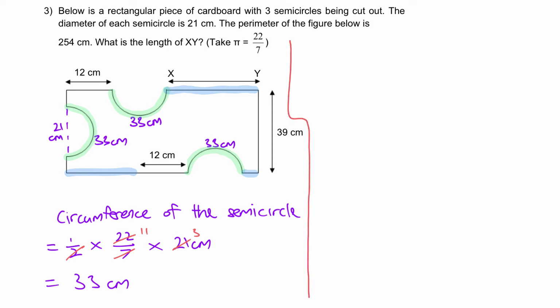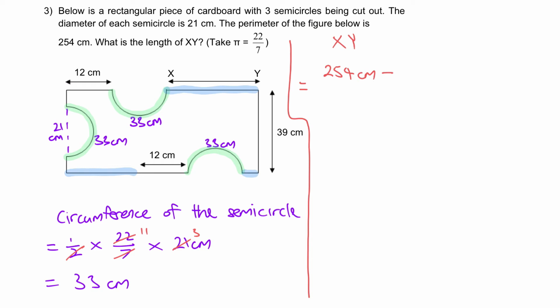Now, I'm just going to do it this way. What is the length of xy? I'm going to start with 2, 5, 4. Start with the whole perimeter. I'm going to subtract.